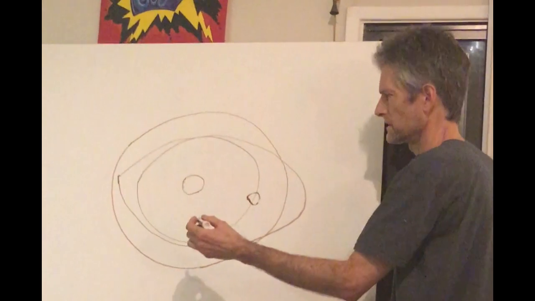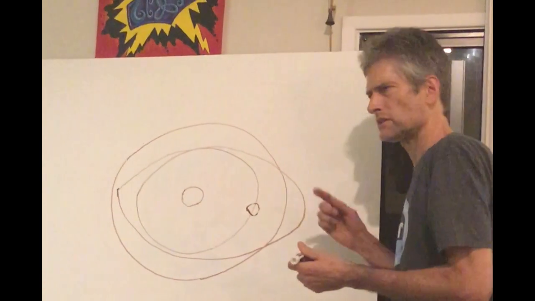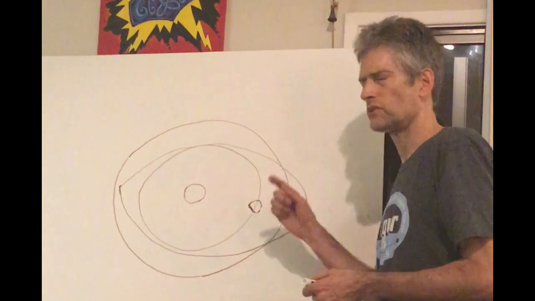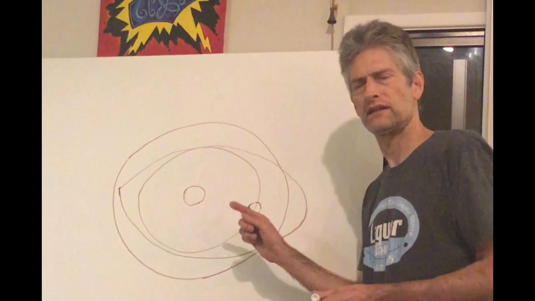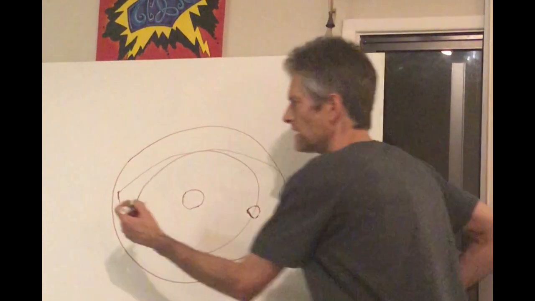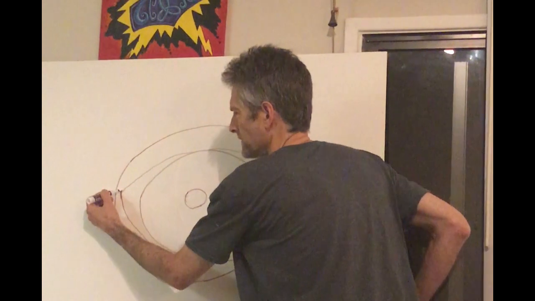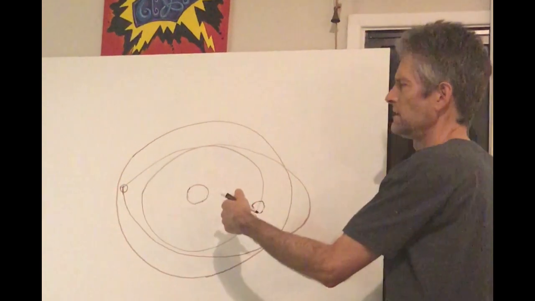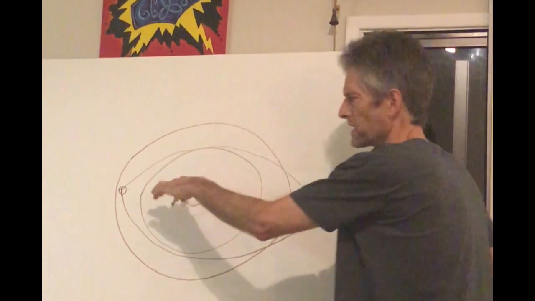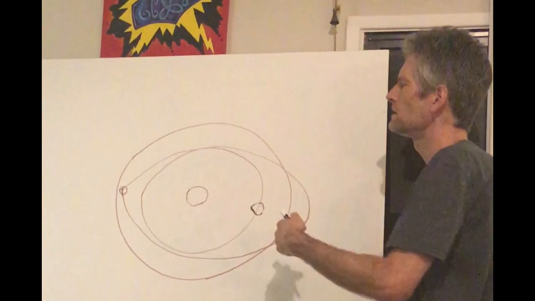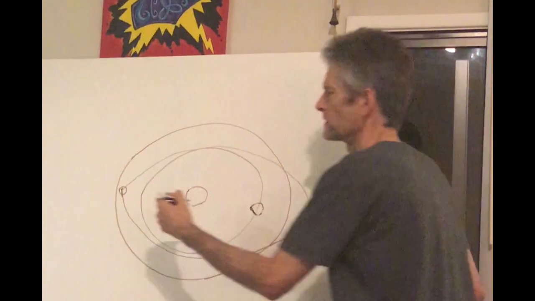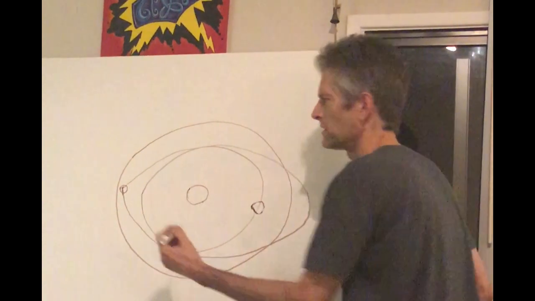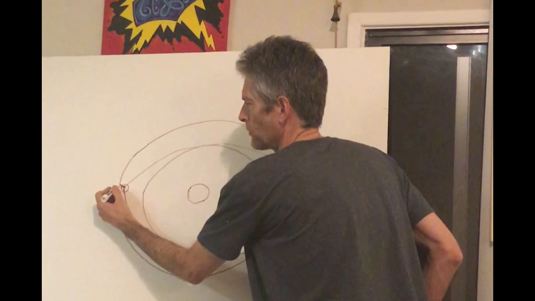Well, what's interesting is that there's a close correspondence between the solstice points and the perihelion point, which just means that when Earth is closest to the sun, that's at perihelion, that's very close to the winter solstice, which means Earth's north pole is tilted mostly away from the sun.